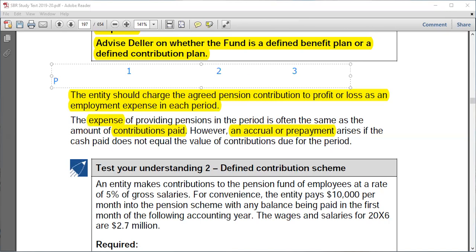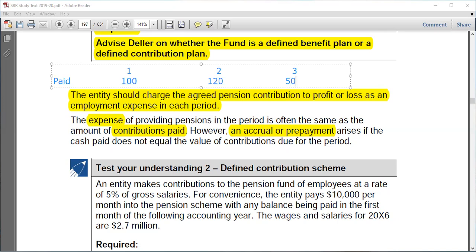The pension contribution paid was like this. In the first year, $100 million was paid. In the second year, 120. And then the third year, let's say, let me make it 50.